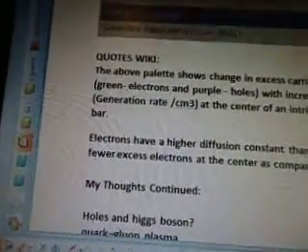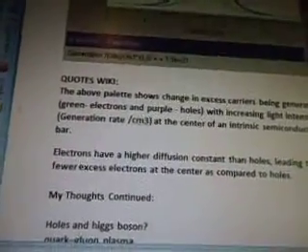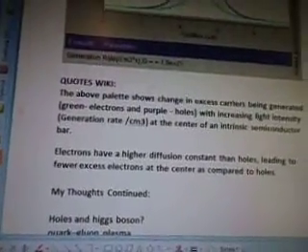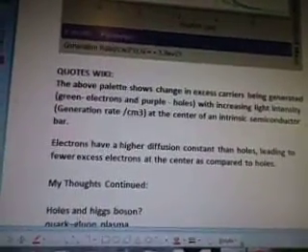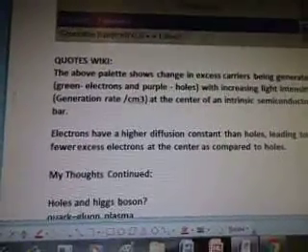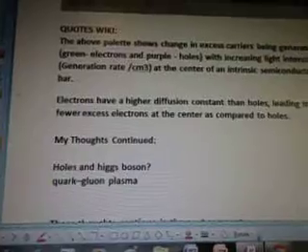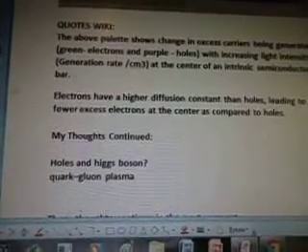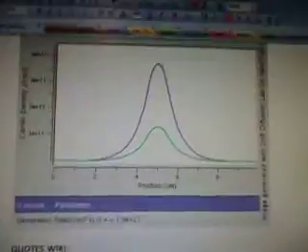Quotes from Wiki: the above palette shows change in excess carriers being generated, green electrons and purple holes, with increasing light intensity, generation rate per cm3 at the center of an intrinsic semiconductor bar. Electrons have a higher diffusion constant than holes, leading to fewer excess electrons at the center as compared to holes.